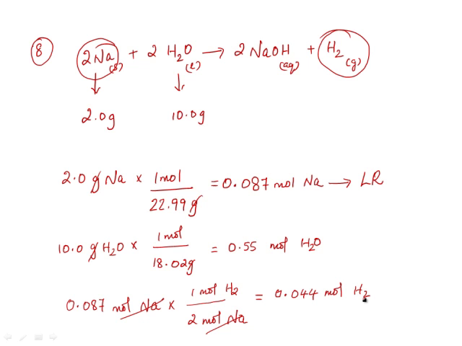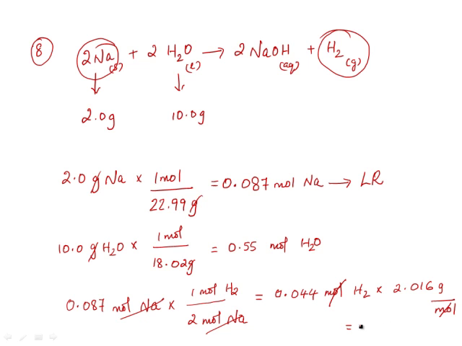What do you need to do? Multiply this by the molar mass of H2. Okay. So we are multiplying that by the molar mass of H2. Molar mass of H2 is 2.016 grams per mole. So mole and mole will go away and you have your answer in grams.